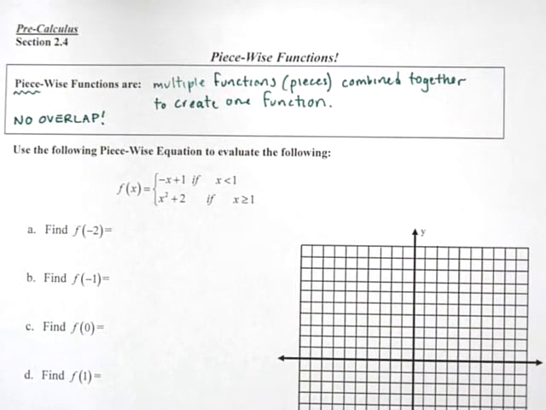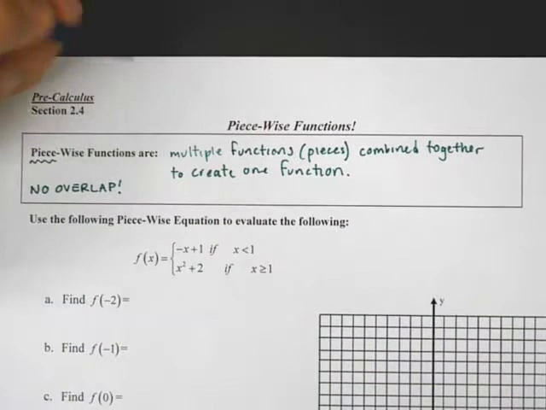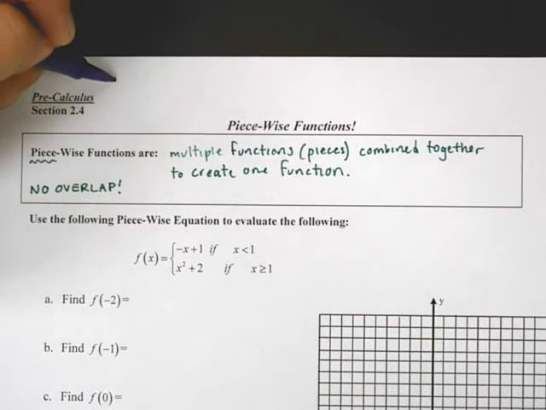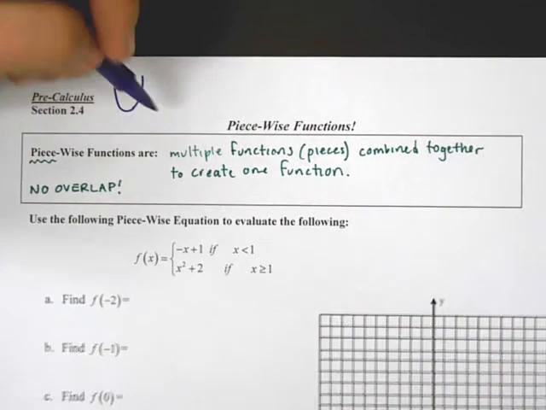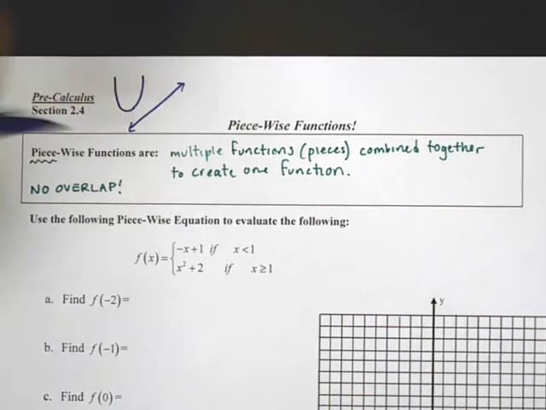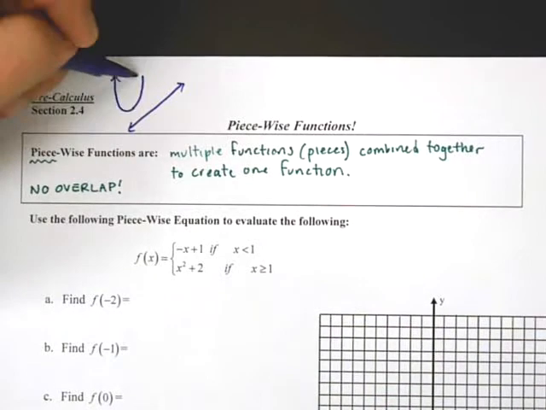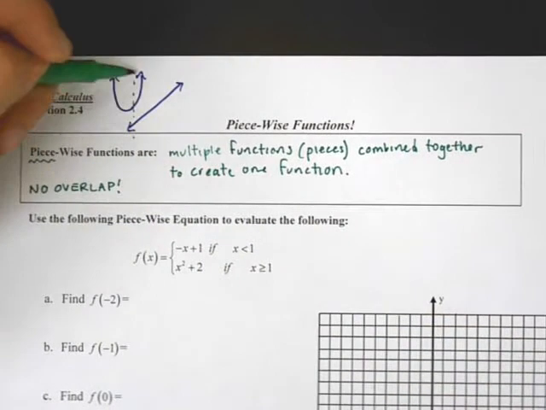So for example, if I take some parabola, maybe like this, and I draw like that, well, what would happen if I also take a line, something like this? Alright, that's a problem. I can't do this. Why? Because there is overlap. This does not pass the vertical line test.